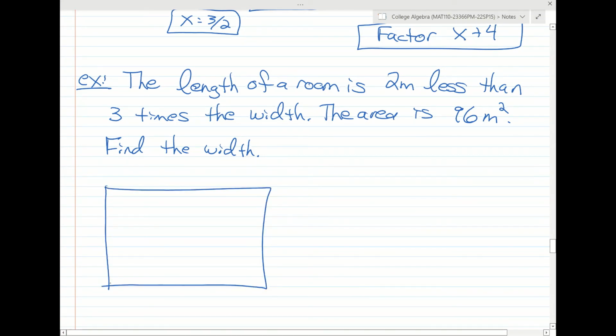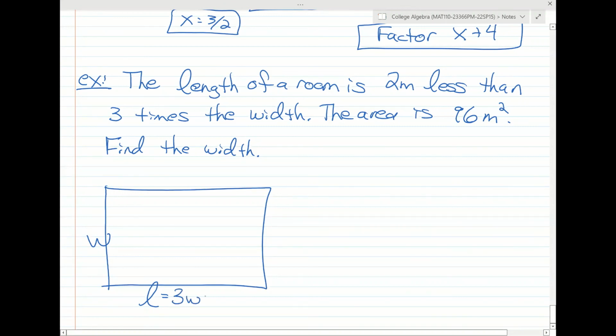The way I would do a problem like this is draw it out. So we have length and width. And according to this, it's saying that the length is 2 meters less than 3 times the width. So how can we write that out? The length is 2 less than 3 times the width.